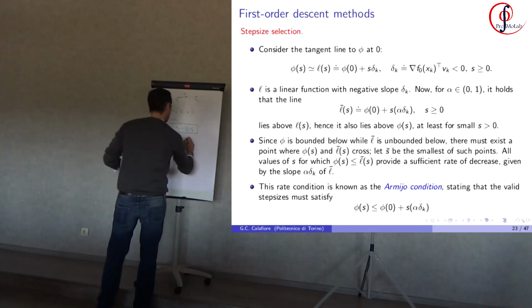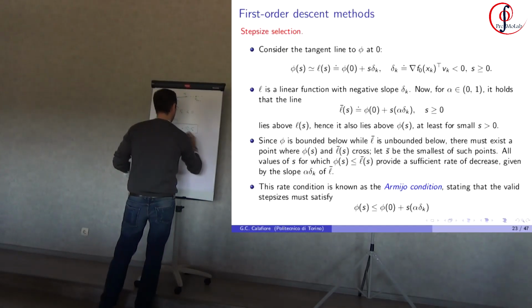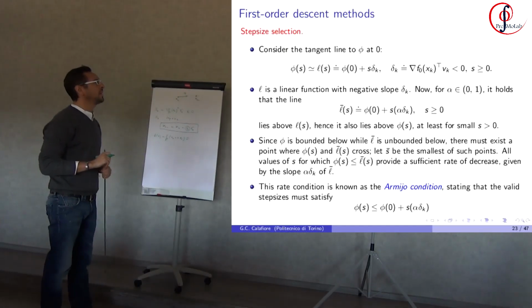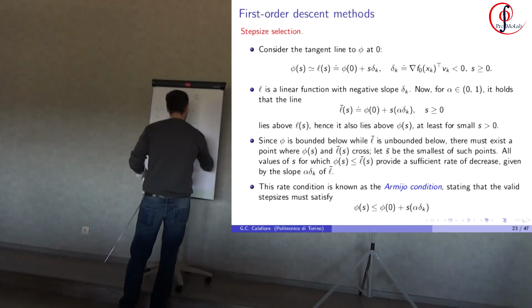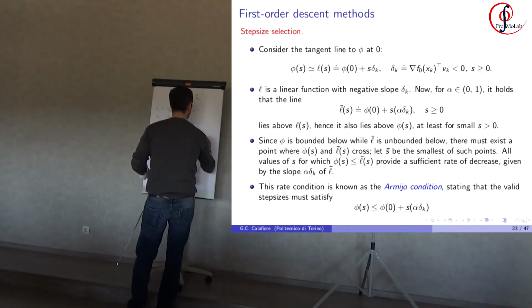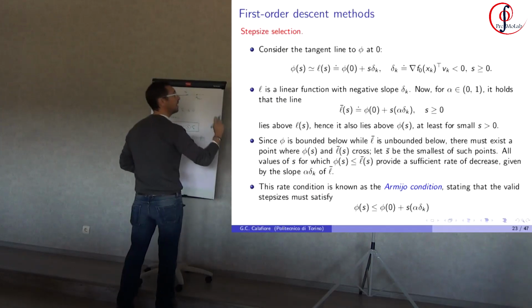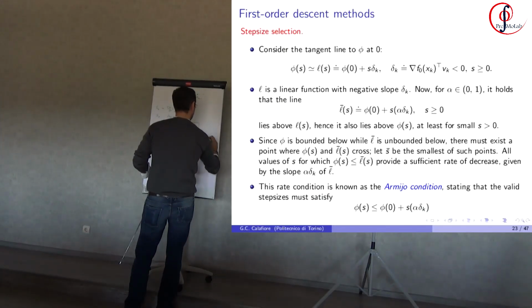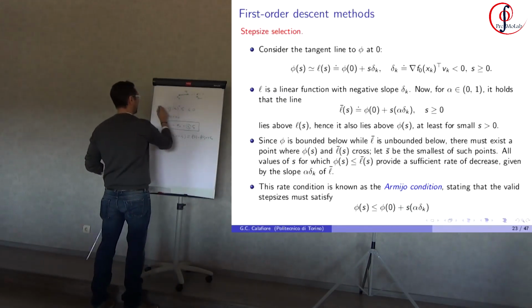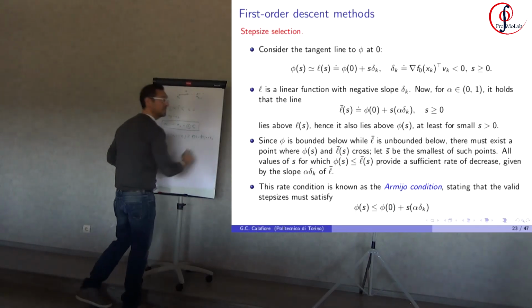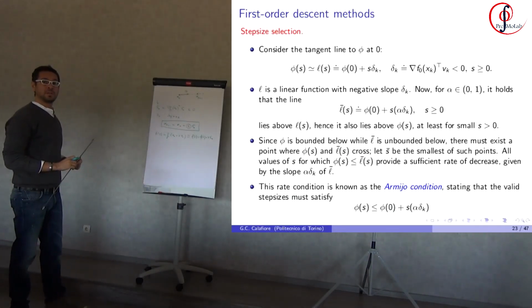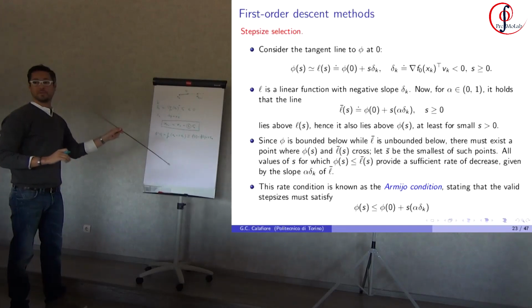So this function phi is approximately equal, for small s, to a line that we call l(s), which is phi(0) plus s delta k, where delta k is this delta k here. So this delta k is negative. Okay, so this is a line with negative slope.